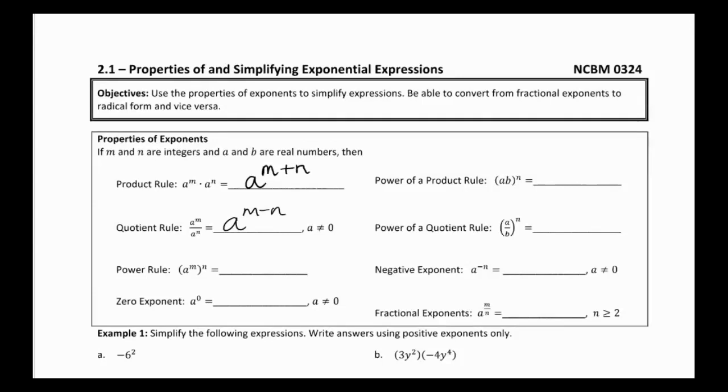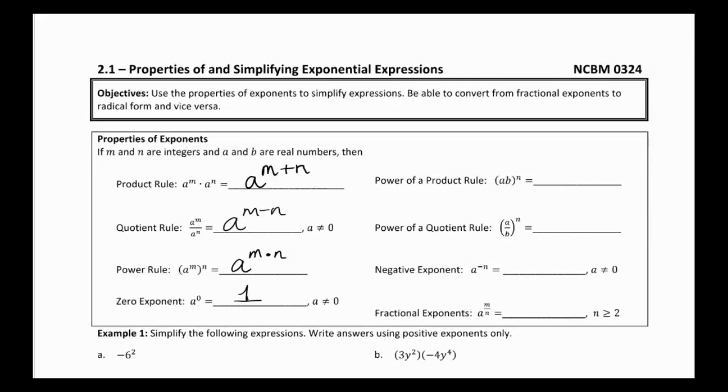For our power rule, our exponents are going to multiply each other. So we have a to the m times n. For our zero exponent rule, we have a to the 0 equals 1. Anything raised to the power of 0 is always going to be 1, where a cannot be equal to 0.